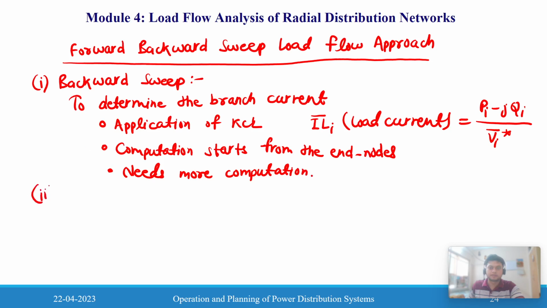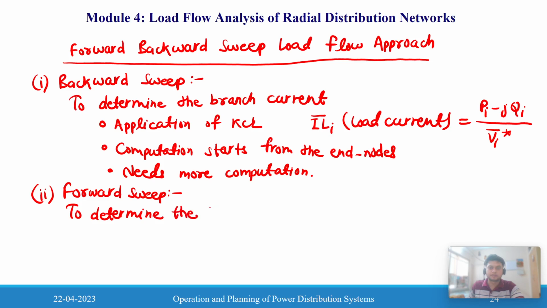Then we apply the forward sweep to determine the bus voltage. The aim of our load flow is to determine the voltage profile and the power loss of the network.